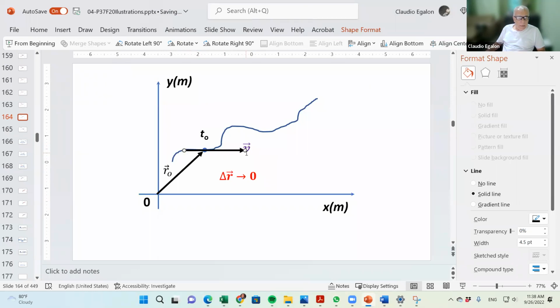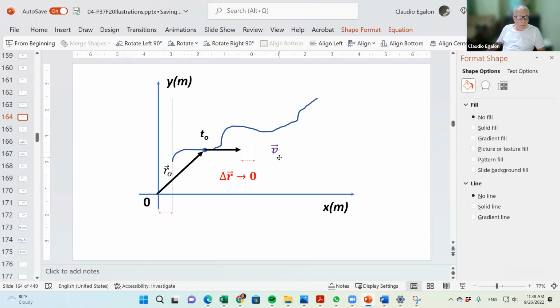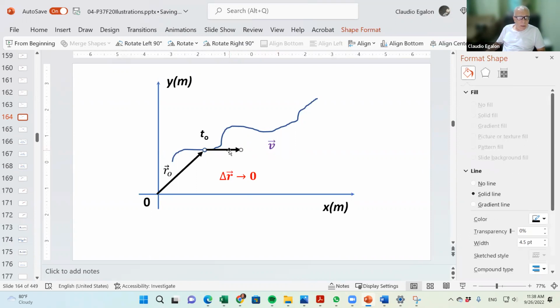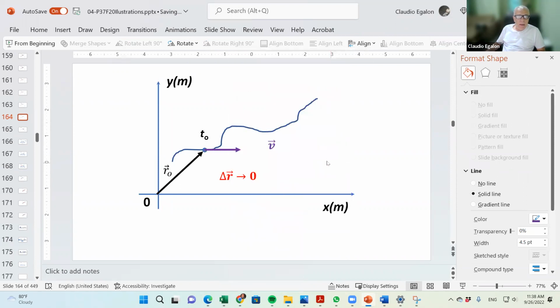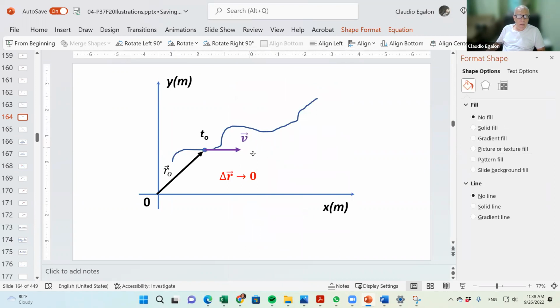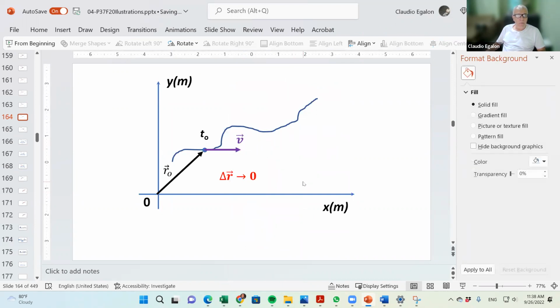It's possible to prove it using calculus, but that's not how we do it in this course. But that's a little piece of information that's very easy to remember: when delta r goes to 0, instantaneous velocity is tangent to the path of the particle.